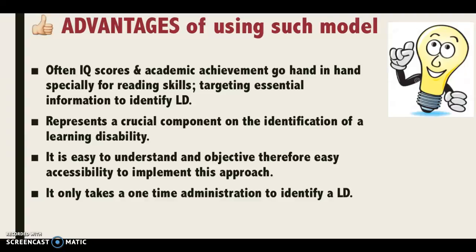You will only have to administer this one time to identify a learning disability. So it's easy, it's effective, and objective. So I think that compels a lot of needed things to create a profound learning disability identification.